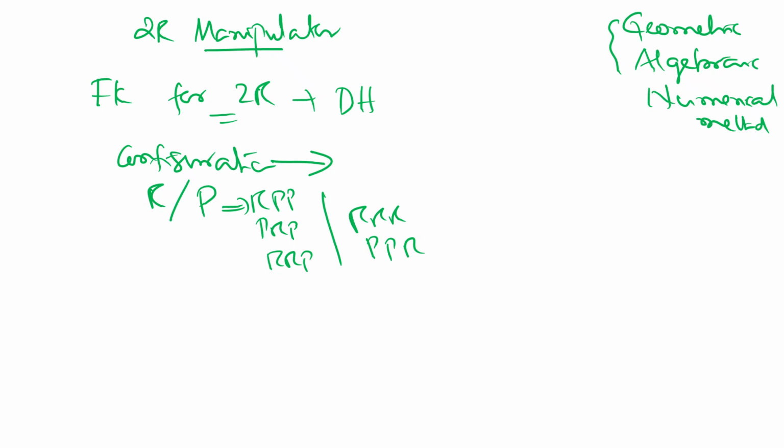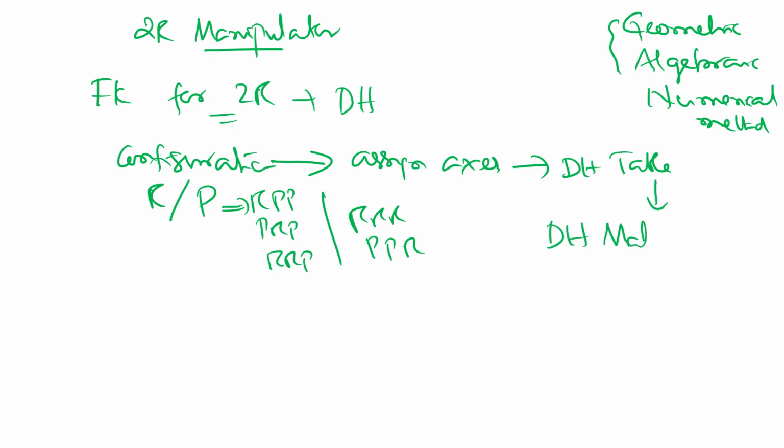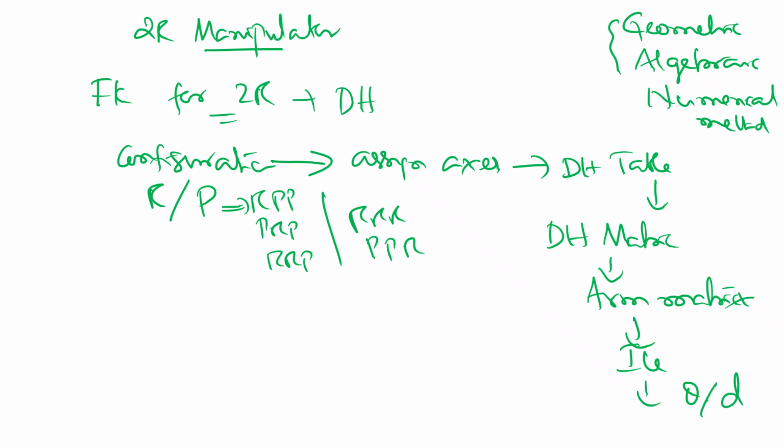Once you give the configuration, you have to assign axes for all the joints. Then you have to give the DH table using DH formulation. Then you have to give the DH matrix. Then you have to find the OM matrix. Then you have to find out IK, inverse kinematics. From this, we'll be able to find out the formulas for theta or d. This is the workflow.